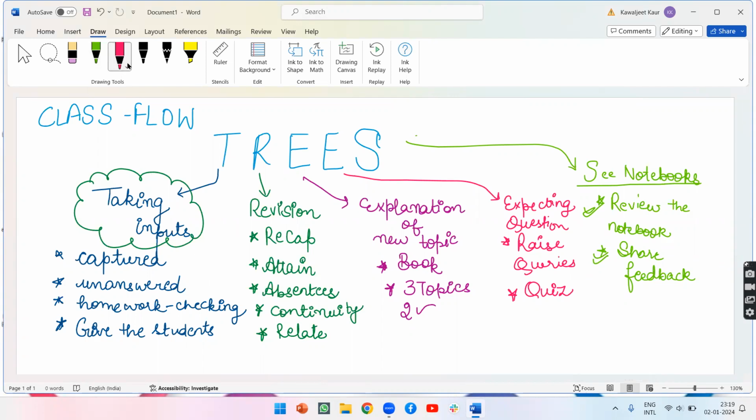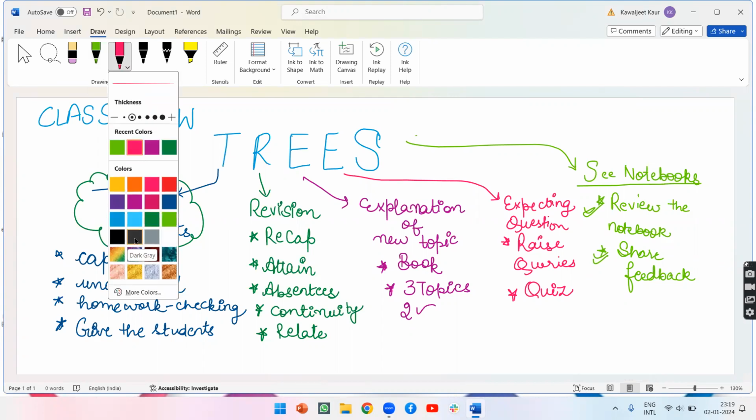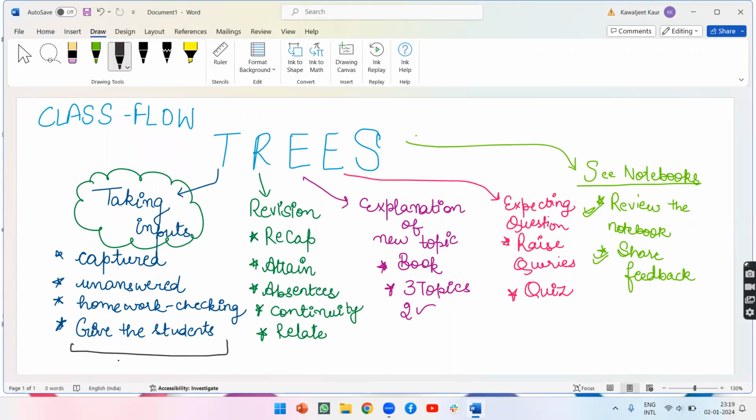Let us analyze one more point here. This part is actually student based. Student plays an important role in this, and in revision also, students are playing their role.